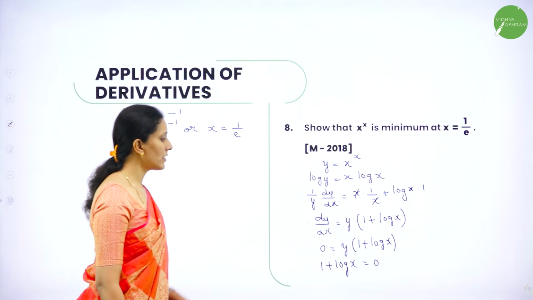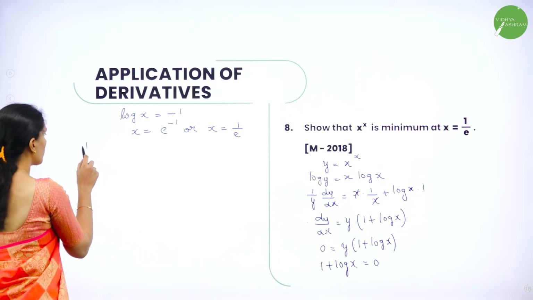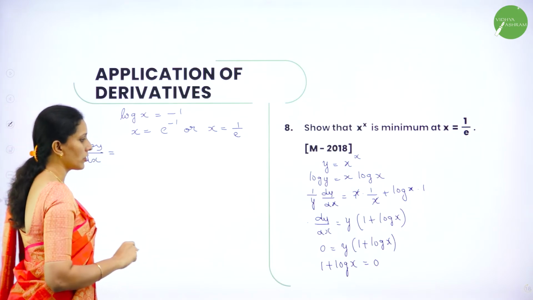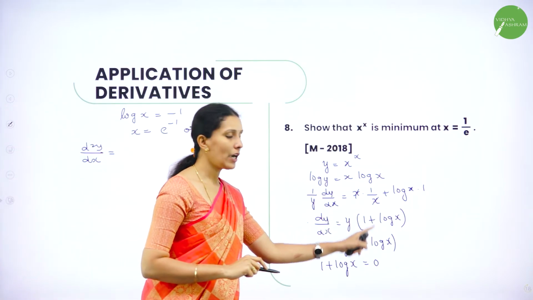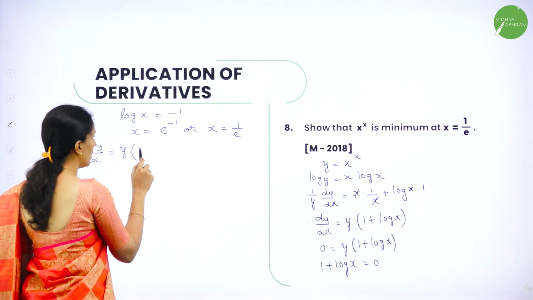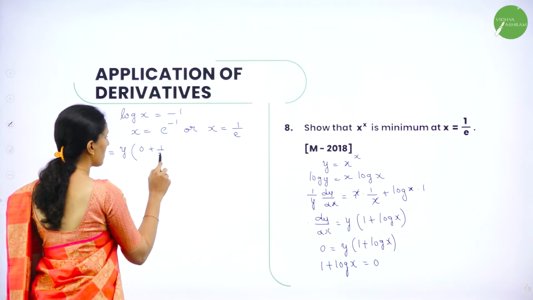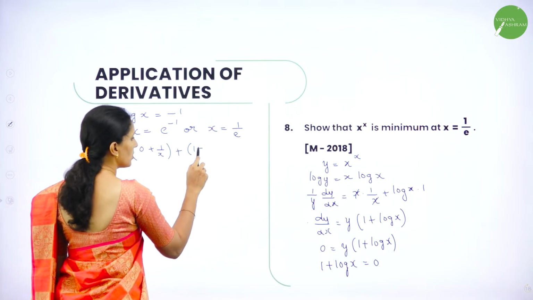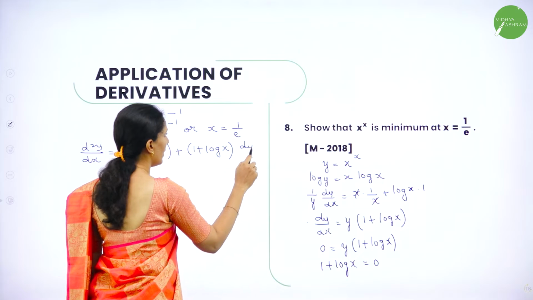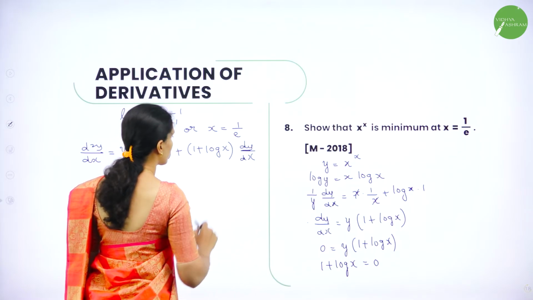Now let us differentiate this equation again. So d square y by dx square. Again apply the product rule because we have two functions, y and 1 plus log x. First function into derivative of second, that is 0 plus 1 by x, plus second function into derivative of first, that is dy by dx.